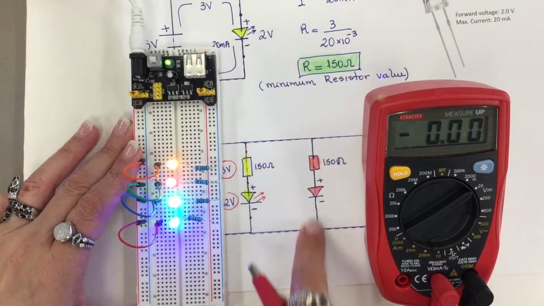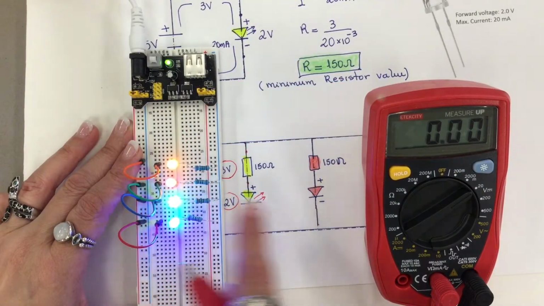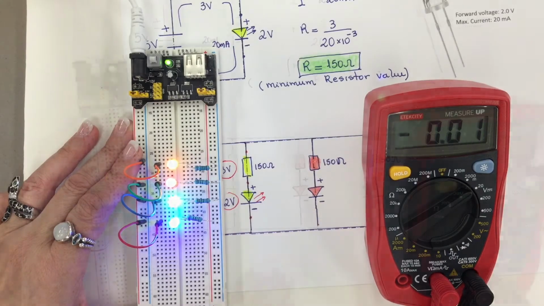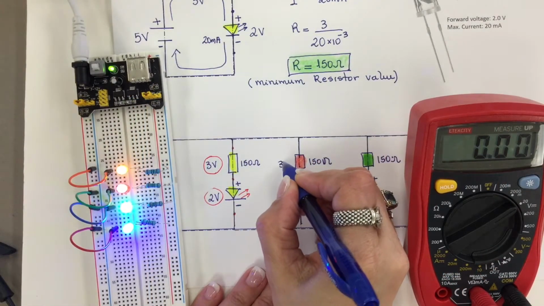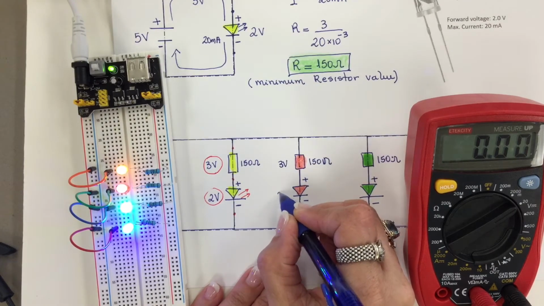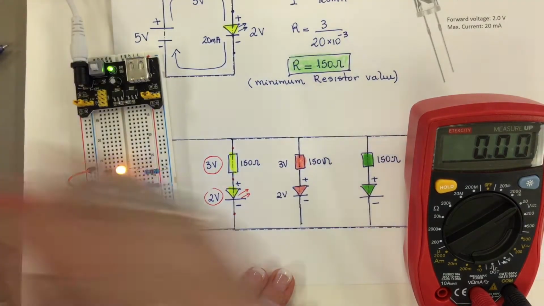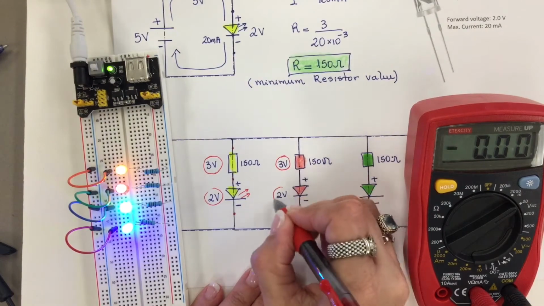Now I'm going to do the same thing for the red LED. So I expect this one to be 3 volts and the LED 2 volts.